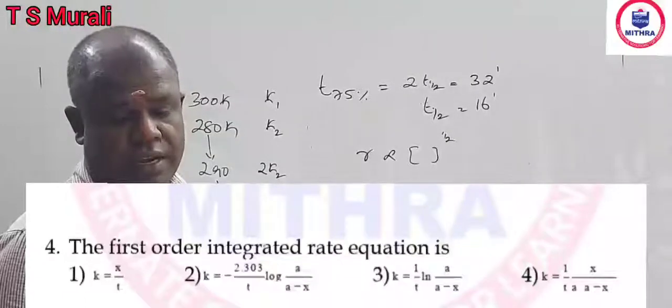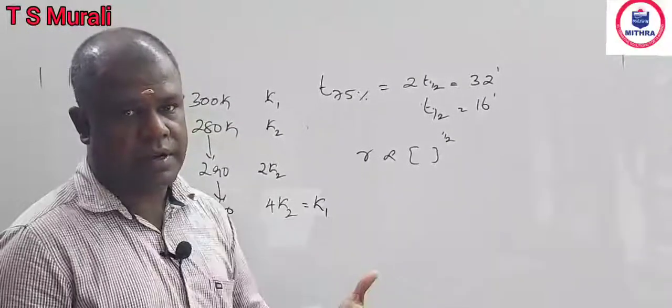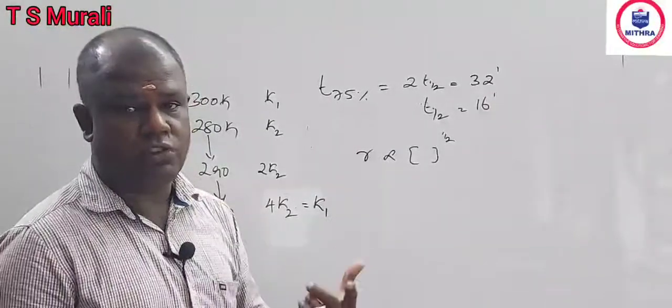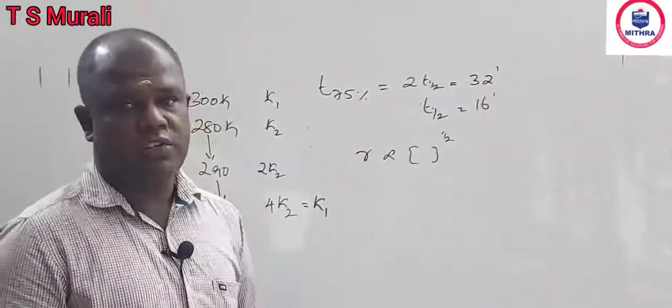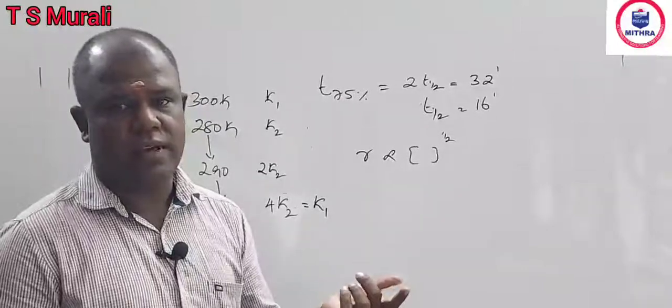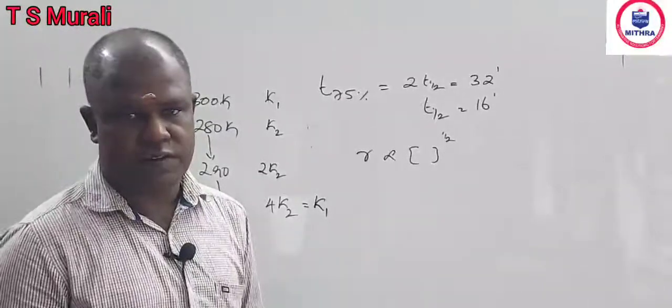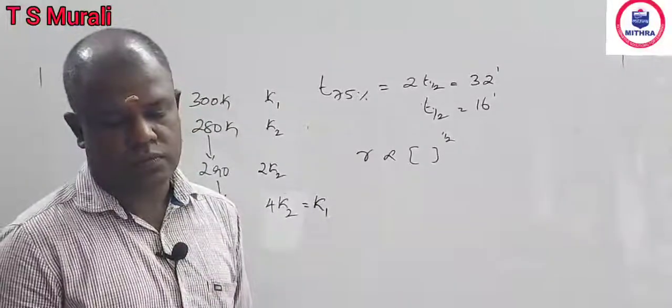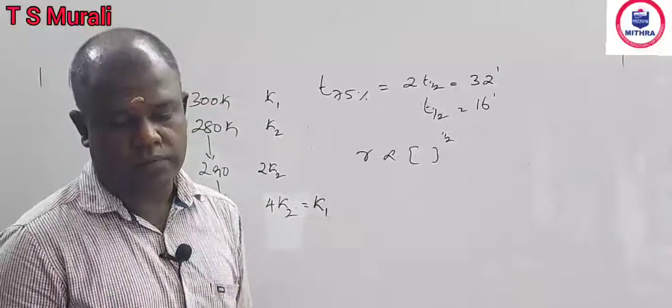Another form as per NCERT is 2.303 by t log N0 by Nt. But instead of N0 we can take it as a, and instead of Nt we can take it as a minus x, where x is the amount of the reactant converted to product.